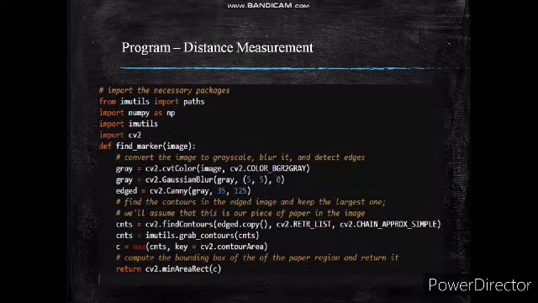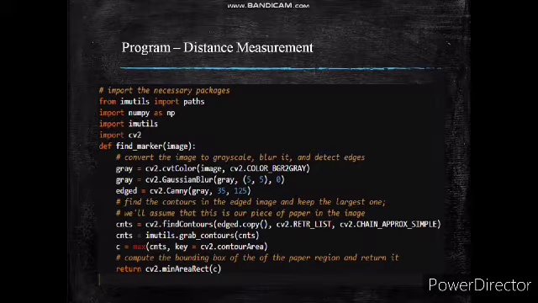So the first important step is to import the necessary packages that we want in a program, so that we can use the functions in the library. imutils is a library file which is used to perform image processing functions like thresholding, grayscale image conversion, adaptive thresholding, and edge detection.